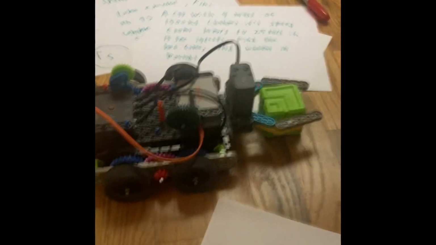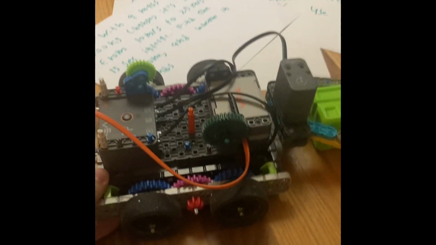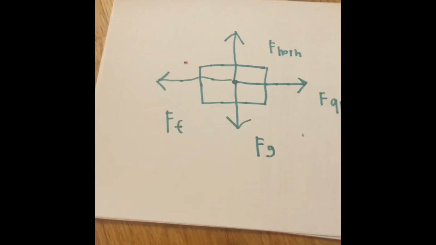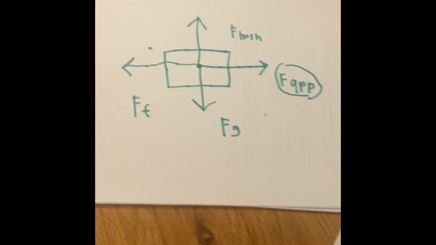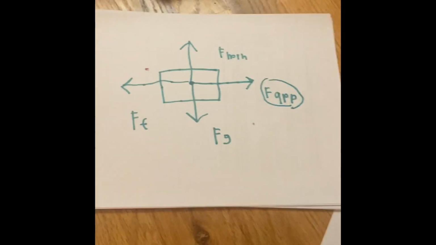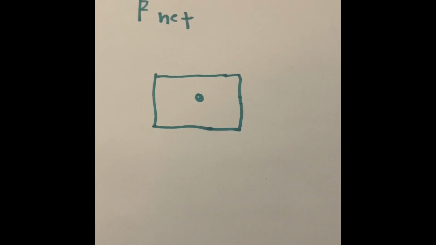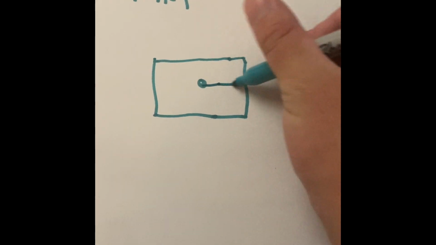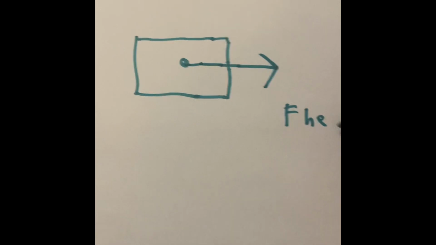Apparently, when that robot pushes the block forward, the block is also moving forward with it. So the force being applied is not the strongest force, but the force that's noticeable, that causes the block to move to the right or move forward. Our net force is the force that makes the block accelerate or move. So our net force is going to go this way.